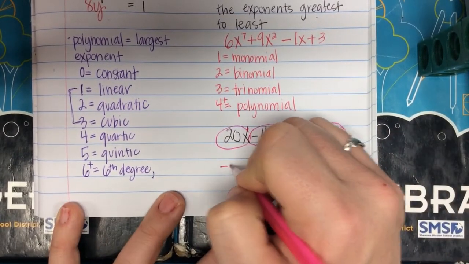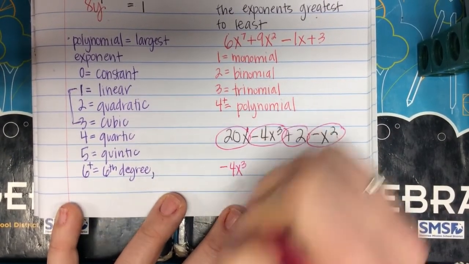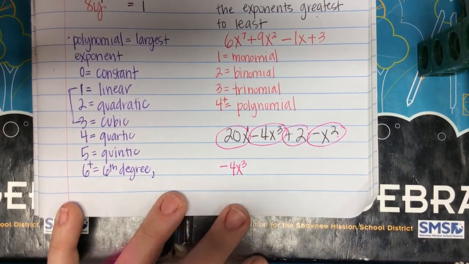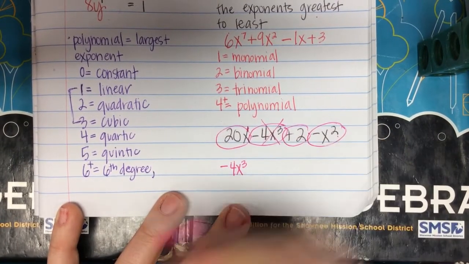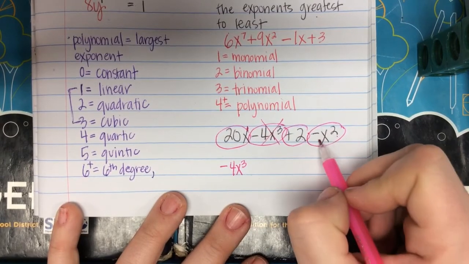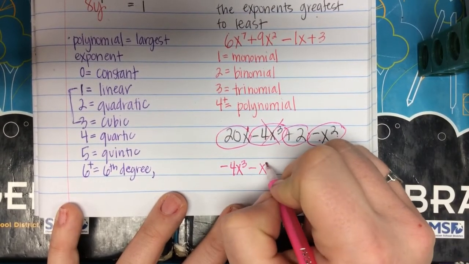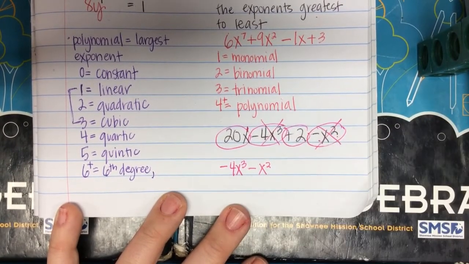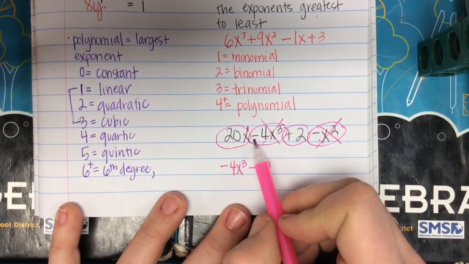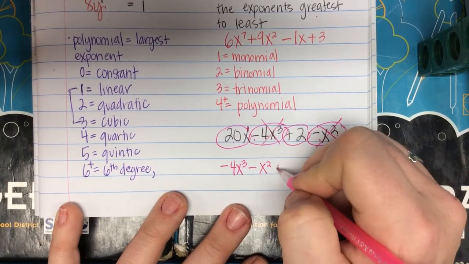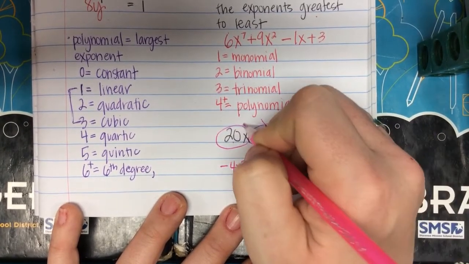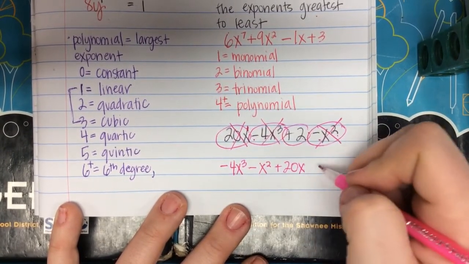So I start out with negative 4x to the 3rd. Do you agree? That's my greatest exponent is 3. Then I'm going to go to minus x squared. How do I put 20x? Because it's positive, plus 20x plus 2.